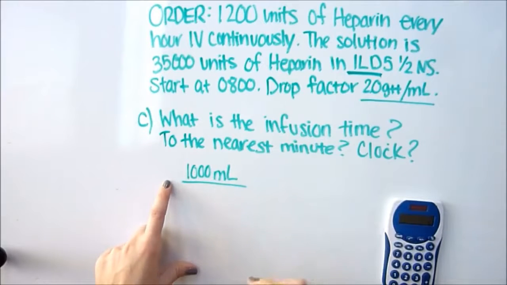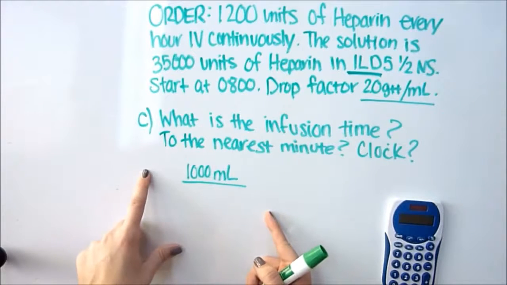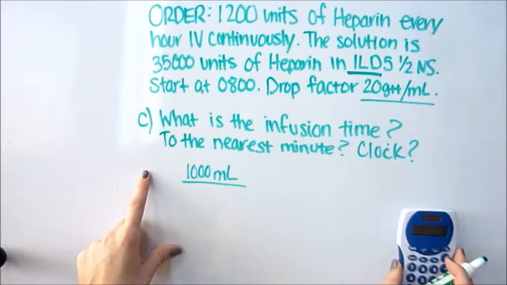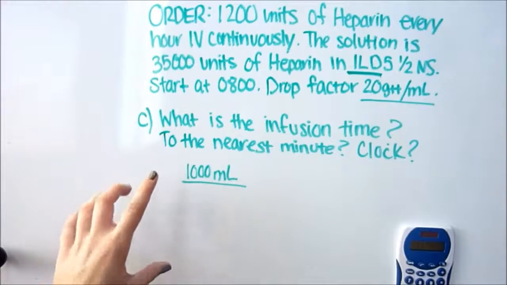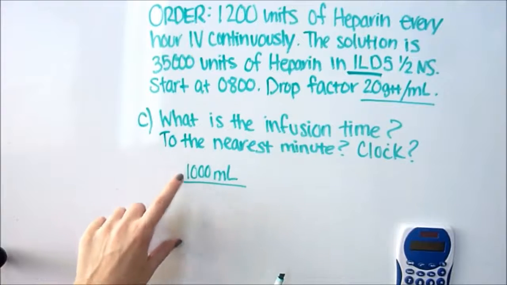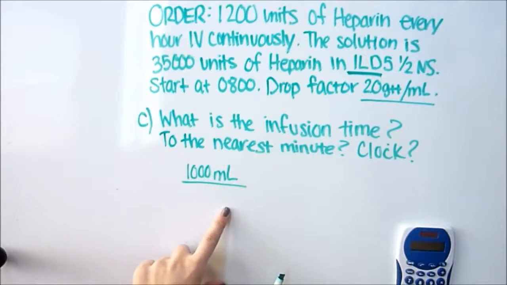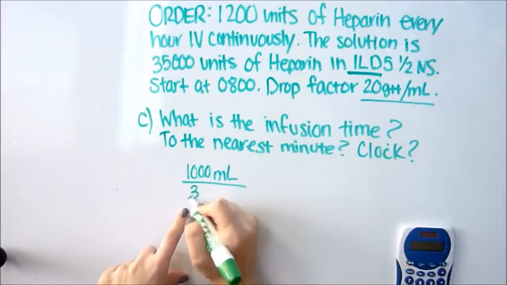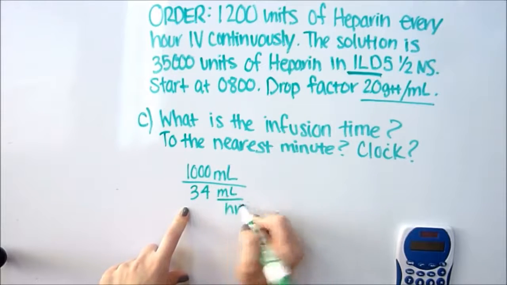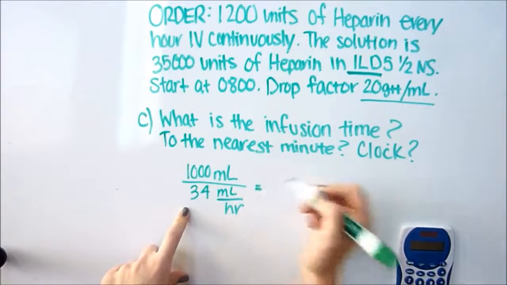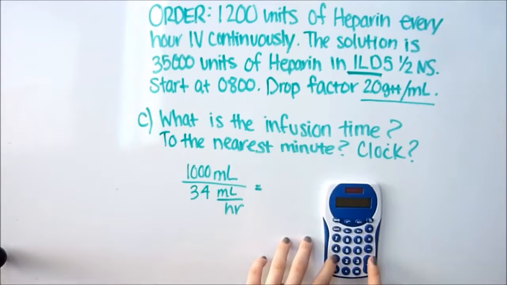And if you remember in the beginning of the video, I gave a formula to find out how many hours something will be infused in. So that was the volume divided by our mL per hour. And remember, our mL per hour was 34, right? So we're going to put that in the calculator.